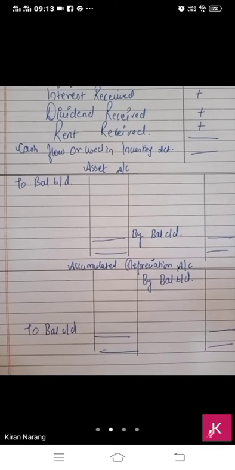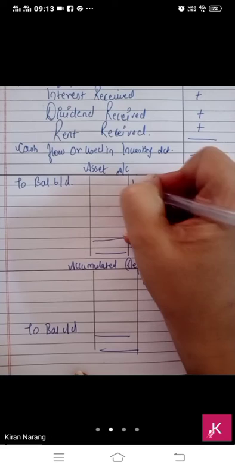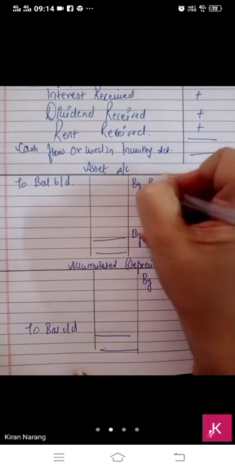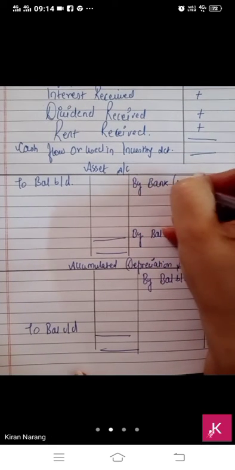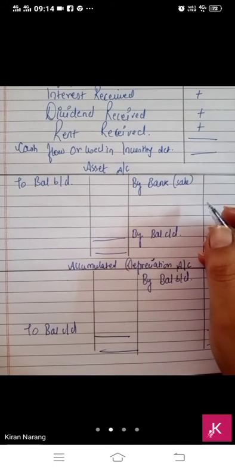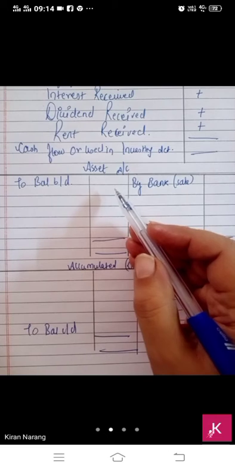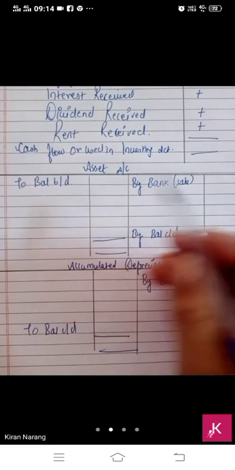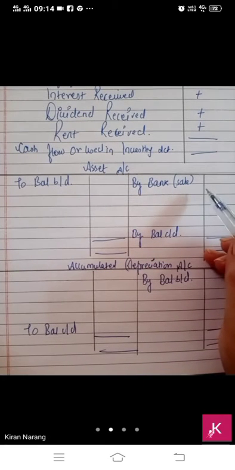Now, what we have to record here? If we have sold any asset, we will write by bank account. This thing you have done in last year depreciation chapter. Machine account we used to prepare that time. If we have sold any asset, we will record here by bank.